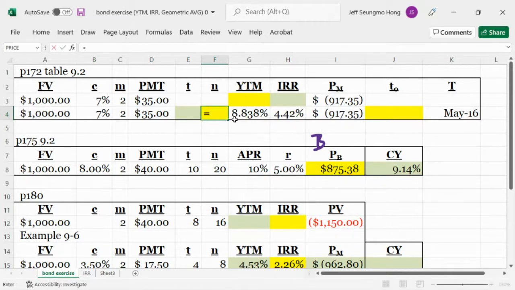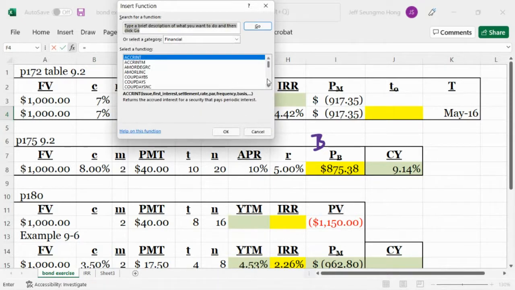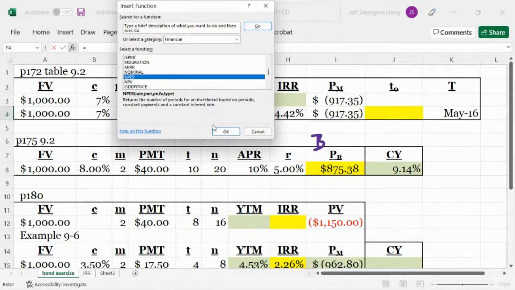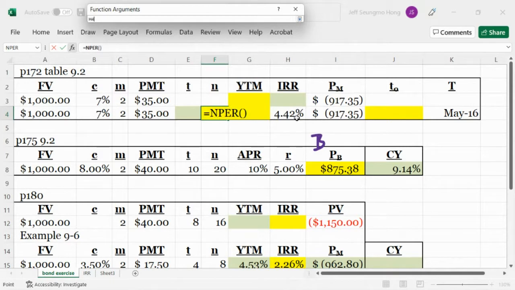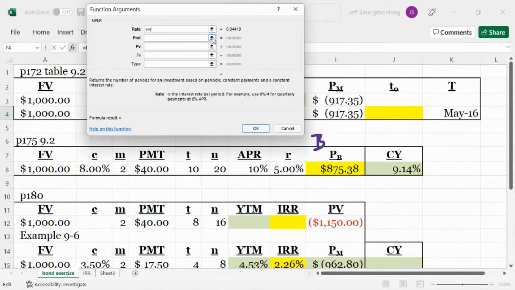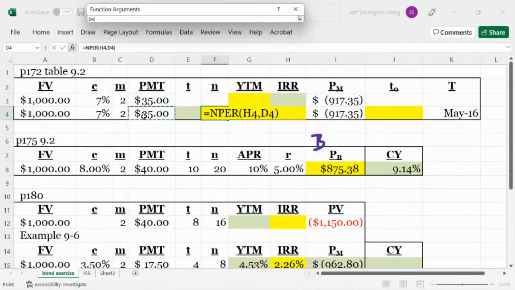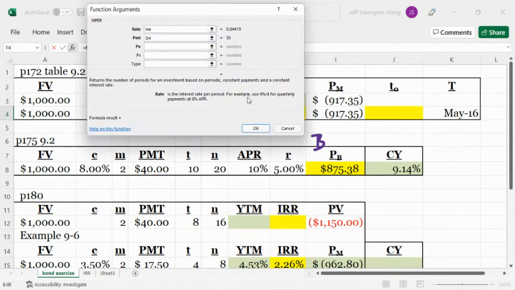So we know how to solve for n, right? There's a formula, but we'll just use Excel's built-in function. N periods, hit OK. Rate, give it this periodic rate. Payment, this is the payment.